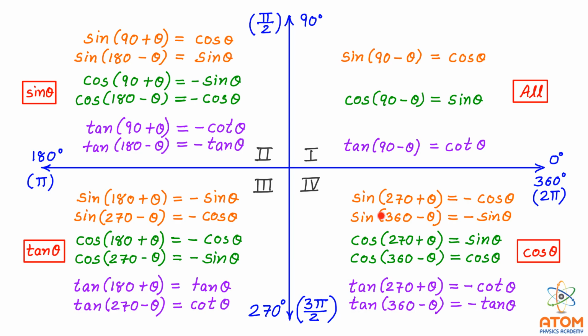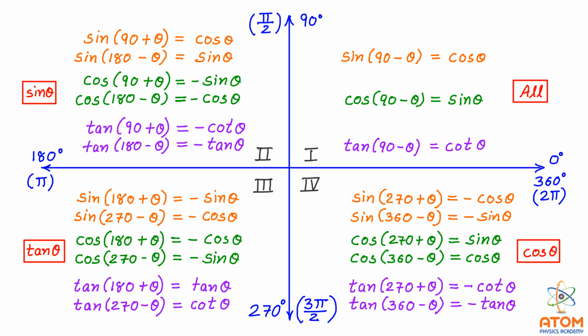And here all the functions are having the same angle 270 plus theta or 360 minus theta. That means here all of these functions are in the fourth quadrant. So here in this chart all the three functions sin theta, cos theta and tan theta are shown with their angle and results in their respective quadrants.